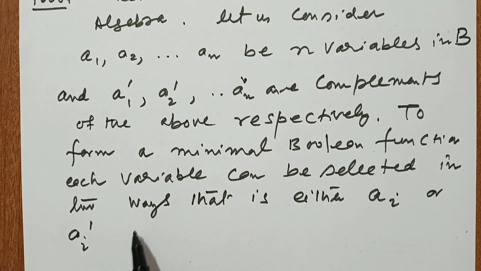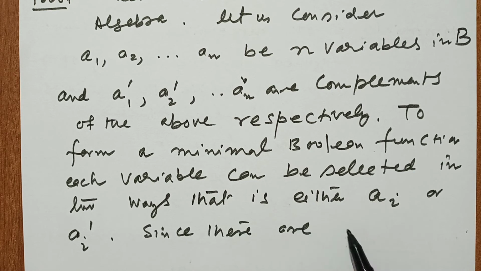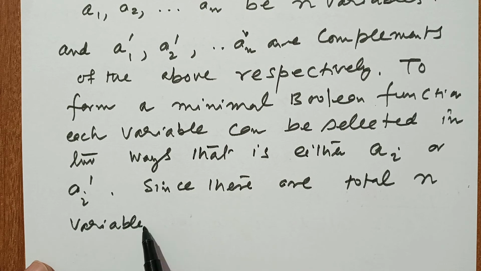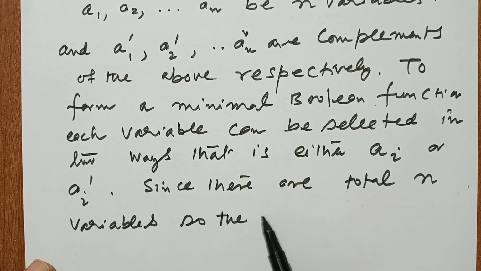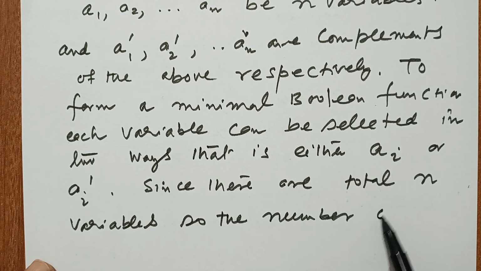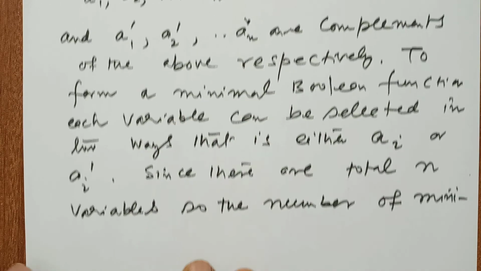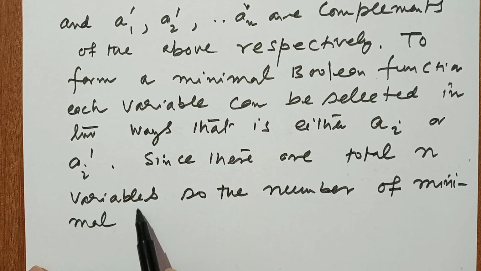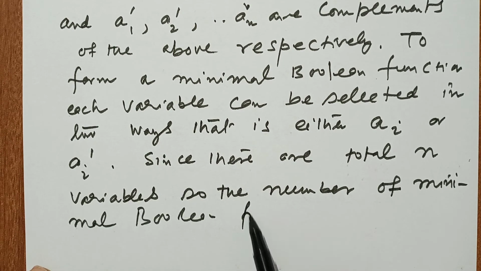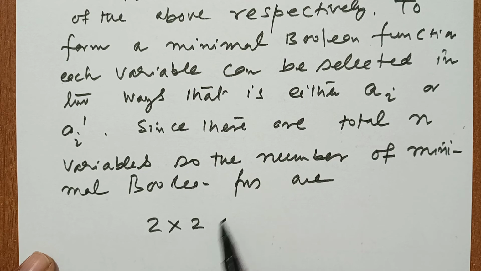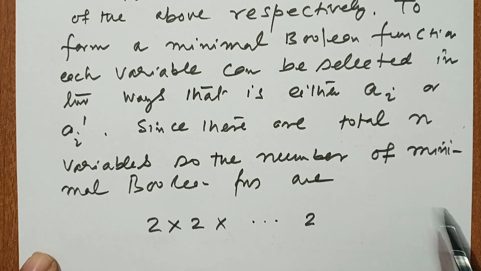Okay, so since there are total n variables, the number of minimal Boolean functions is 2 into 2 into 2 up to n times.